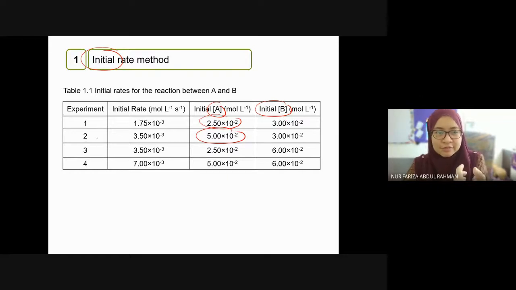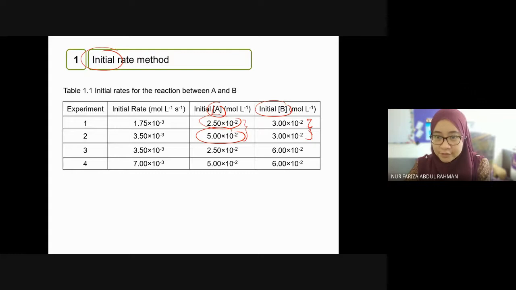you choose eksperimen yang B dia fix, which is 1 dengan 2. Ataupun you can also choose 3 dengan 4. Okay, tak kisah mana-mana. Tapi that's the idea of it, okay. So you akan choose concentration yang fix so that you are able to study ataupun to determine the order of A. Yang ni berubah.